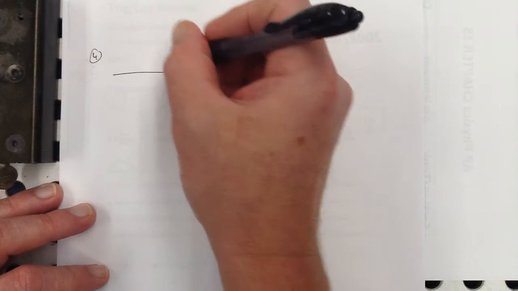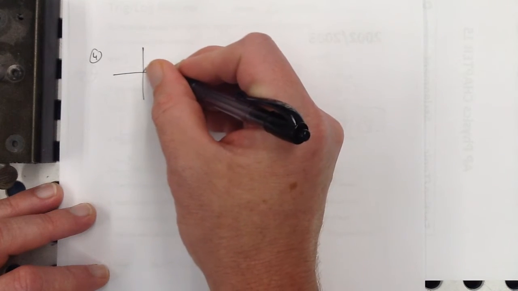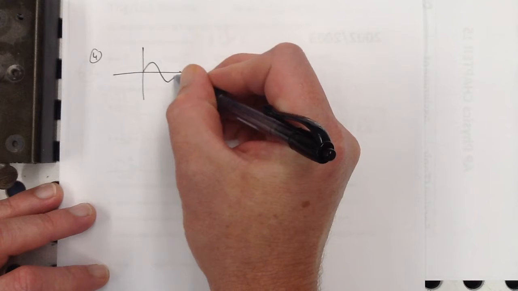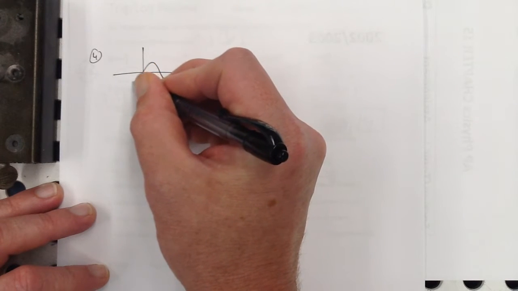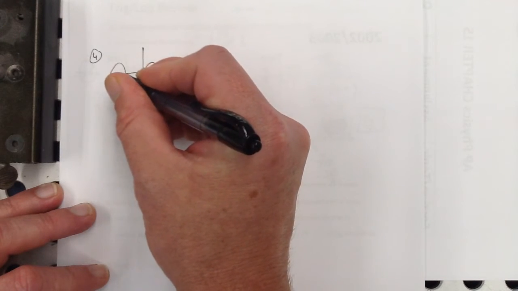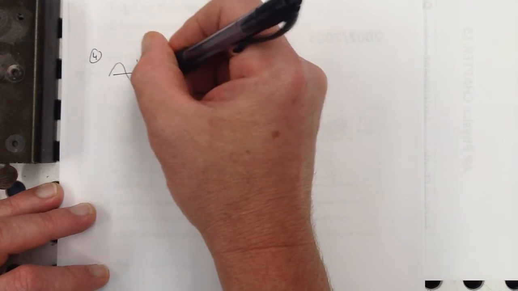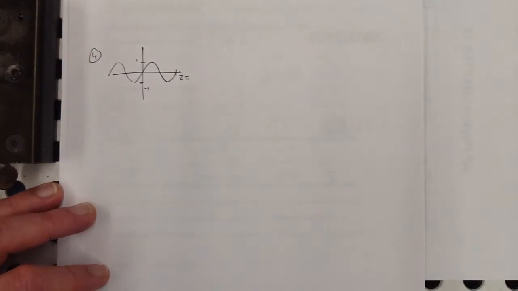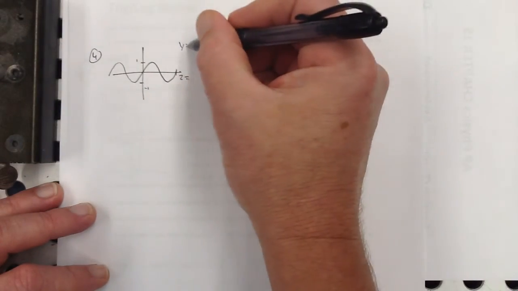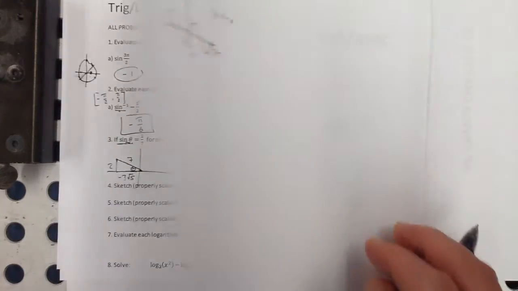So this is a sine function. Looks like this. Try to do 2 periods of it, 1 on each side, and that's 2 pi, and that's pi, and so on, and that's like 1 and negative 1 here. So that's y equals sine x.